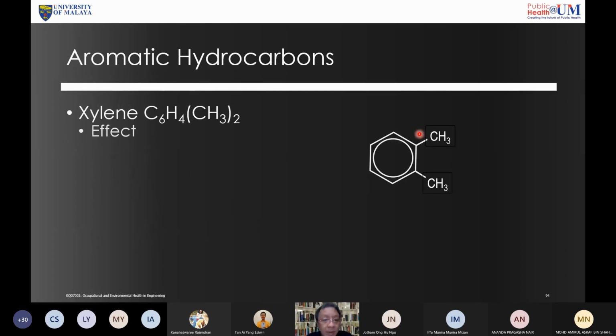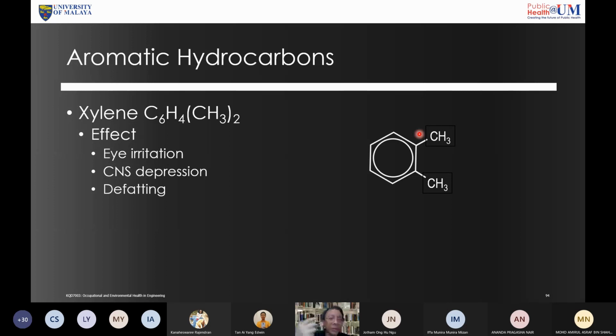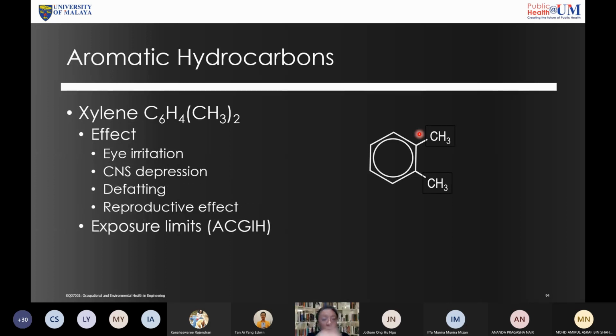Xylene is another aromatic hydrocarbon. All the aromatic hydrocarbons have almost similar effects: CNS depression, eye irritation, reproductive effect, and the exposure limit by ACGIH goes up again to TWA 100 parts per million, STEL 150 parts per million. So the idea is that the more complex the chemical, the bigger the margin of safety.